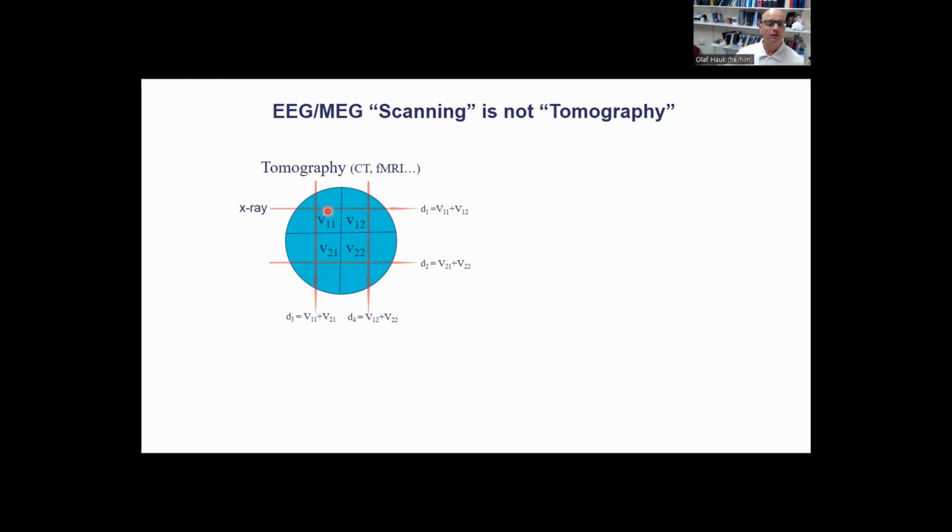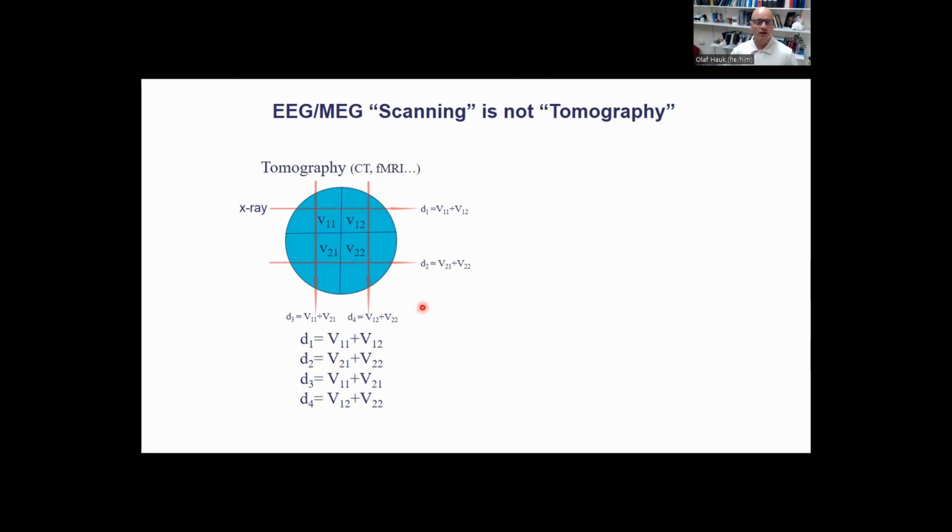By, in this case, having 4 X-rays, you can divide your body into 4 quadrants, and then you have equations that say the intensity of this X-ray depends on these 2 voxels in this direction, on these 2 voxels, and so on. In the end, you get enough equations in principle to solve for all your 4 quadrants, all your 4 voxels.